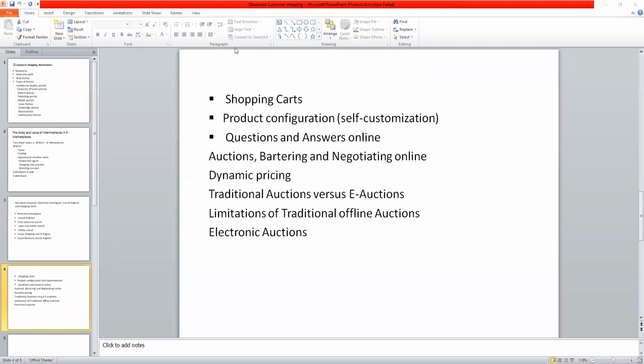Here, the buyer places an item which he or she wants to buy for a tender or a bid on a request for quote system. The potential suppliers bid on the item, reducing the price. The winning supplier is the one with the lowest bid. So this is about the electronic auctions part.